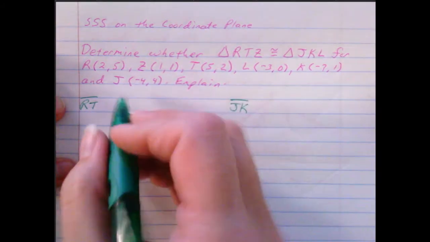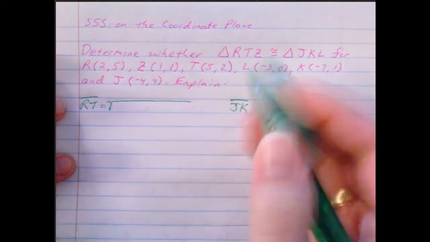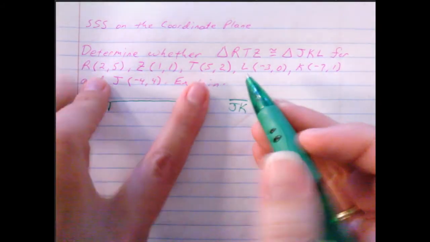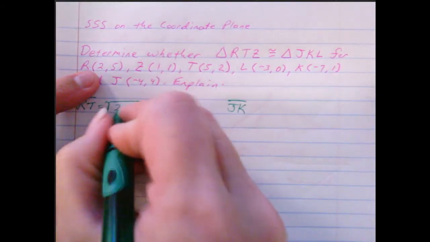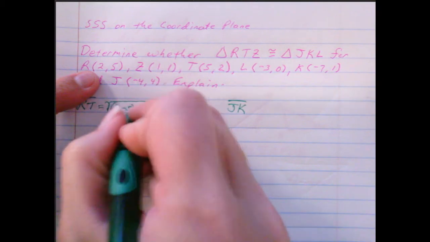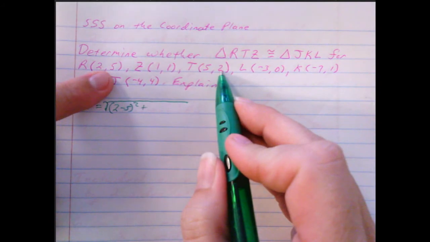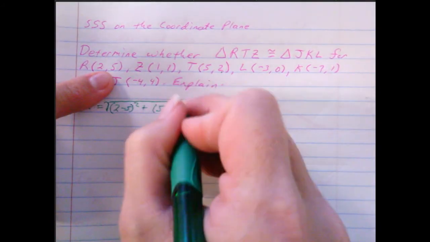So RT, if you remember our distance formula, we're taking x minus x, so we're looking at R and T here. X minus x, we have 2 minus 5 squared, plus y minus y, which is 5 minus 2 squared.